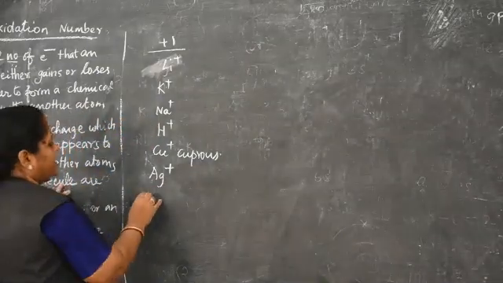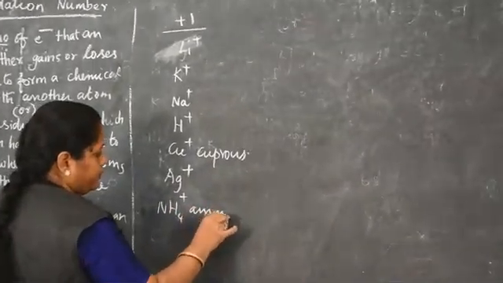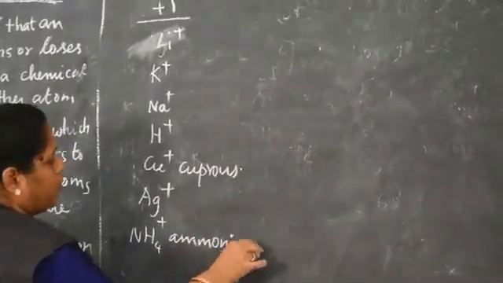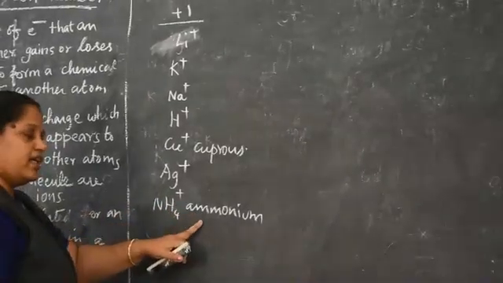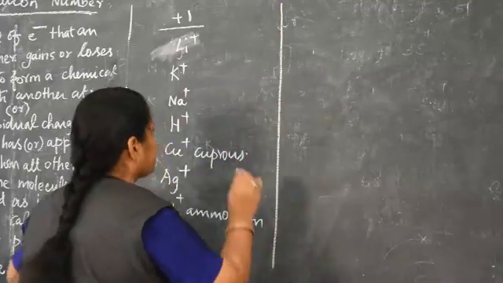This is called cuprous. I write a few only. And NH4 plus is called ammonium, Cu plus is called cuprous.